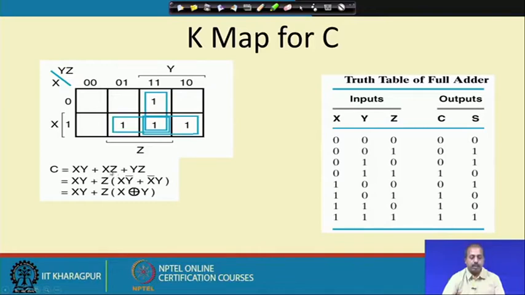So, I can change this x plus y term into the XOR form, and then it turns out to be x y plus z into x XOR y. So, in a half adder the carry output was x y, and in case of full adder, we have got this as the carry output.